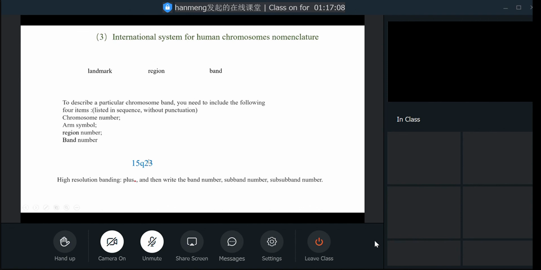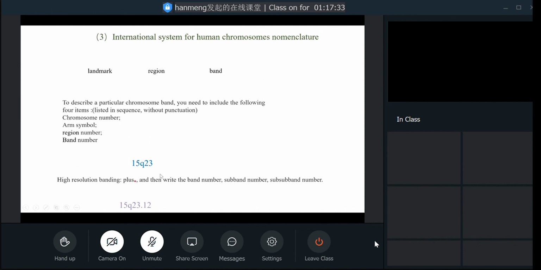Region 2 and band 3, with no punctuation. And if we want to describe a high resolution banding, we need to add a dot and then write the sub-band number.